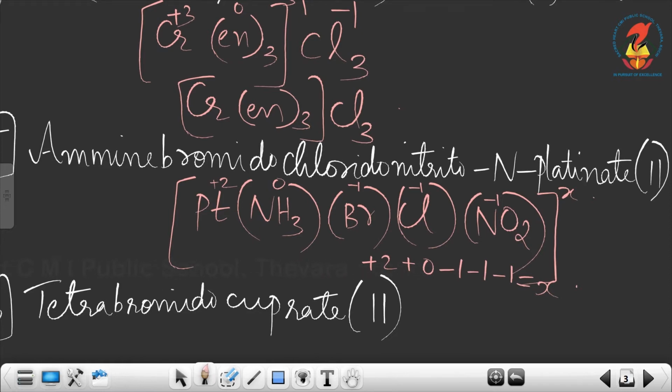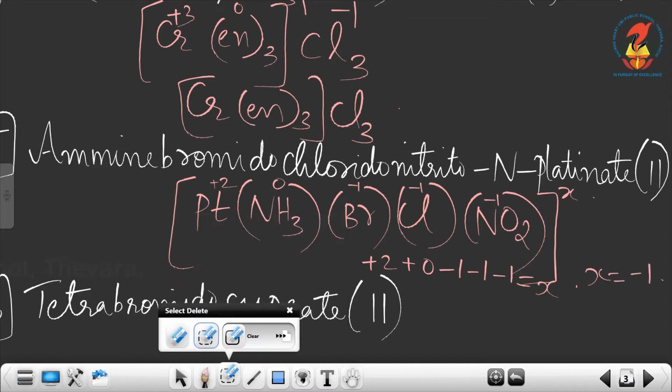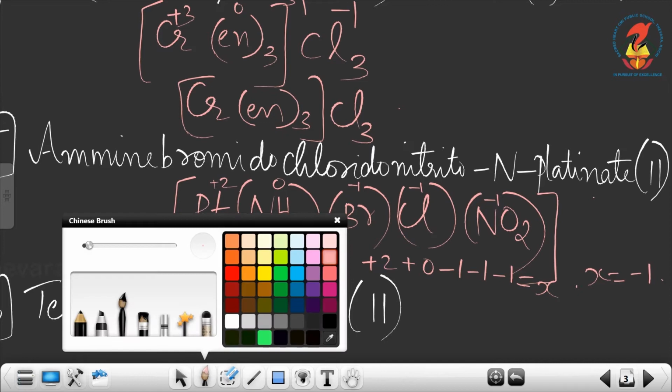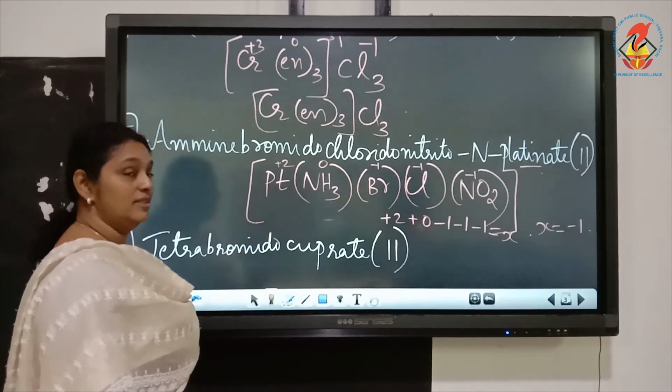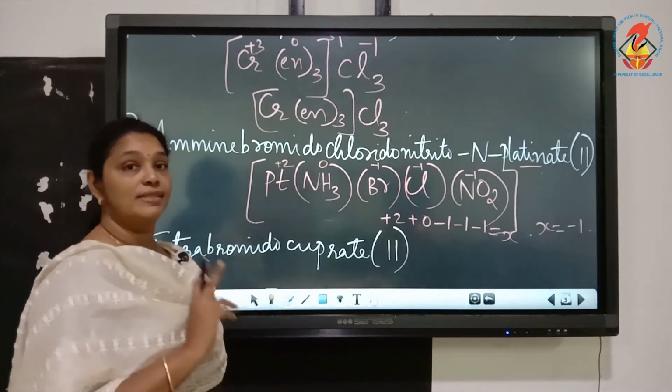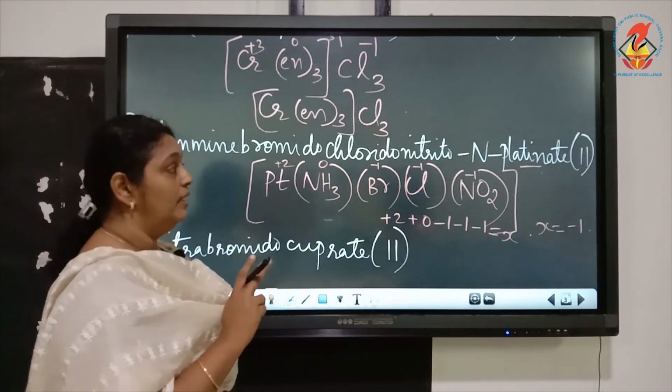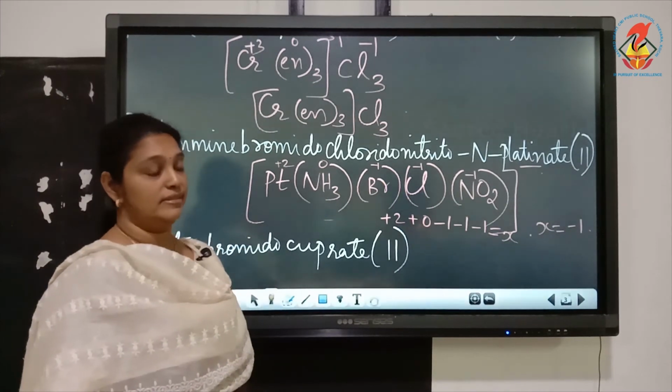It will be +2 -3, which is equal to -1. So I am going to remove this X and write here minus. So this is the formula of the complex. So this is not a neutral complex. This is an ion and the charge is minus.